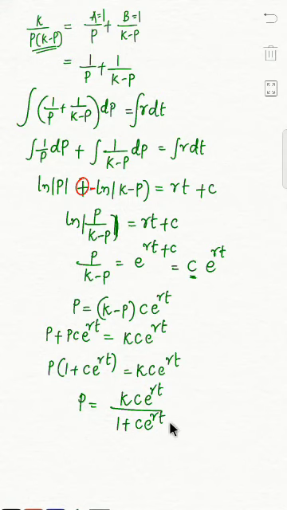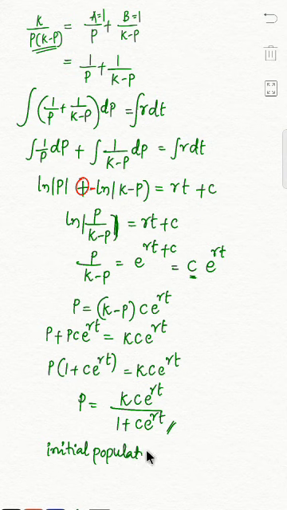Now we solve this equation, right? Suppose there is a given condition, suppose they gave an initial population, that is, when t is equal to 0, p is something else.